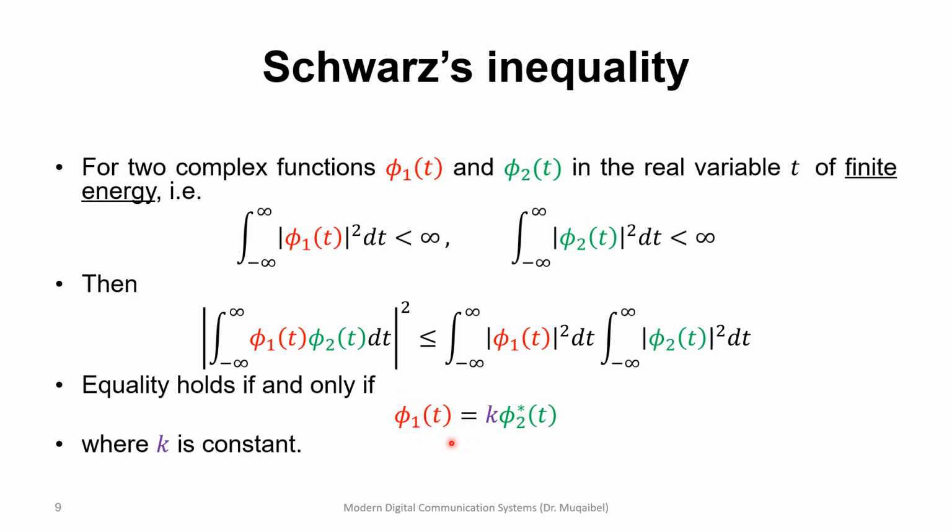So if phi 1 equals k times the conjugate of phi 2, then this is going to hold with equality. I can just split this integration into two integrations, where k is a constant. So what is in this slide is just explaining the Schwarz inequality. I will use it next. I will go back to my slides and use it in the proof.